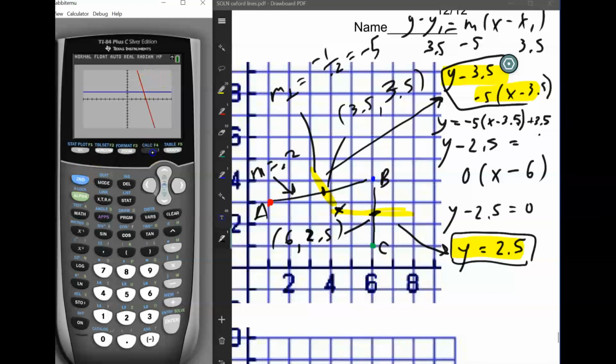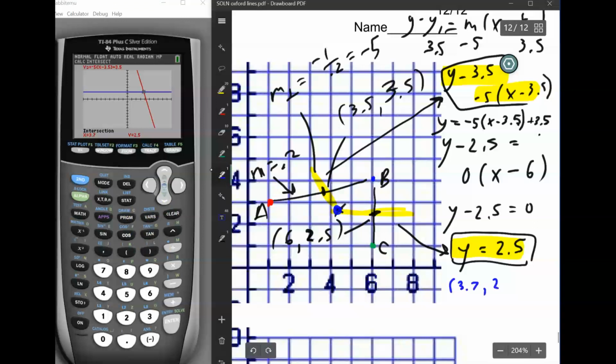I find it by doing second calc intersect, which is option 5. And then I hit enter 3 times. And the intersection is 3.7, 2.5. So the answer to this point right here is 3.7, 2.5.